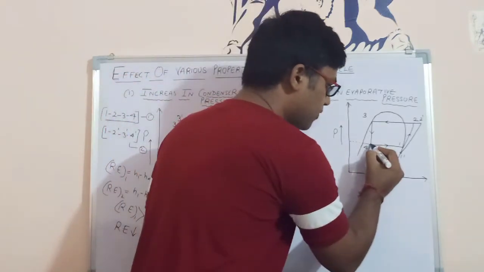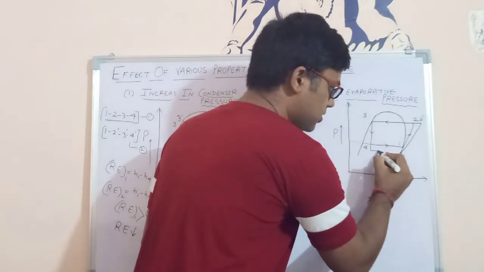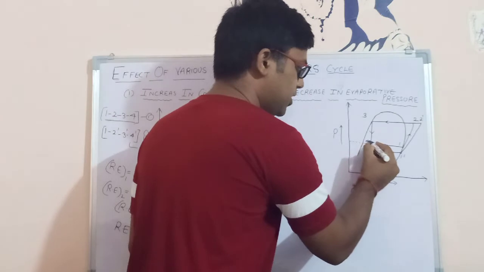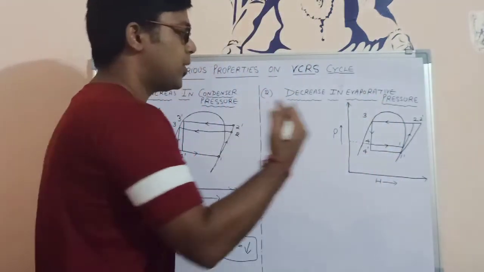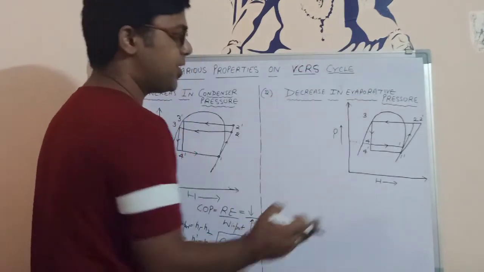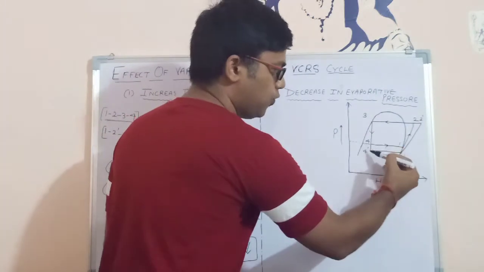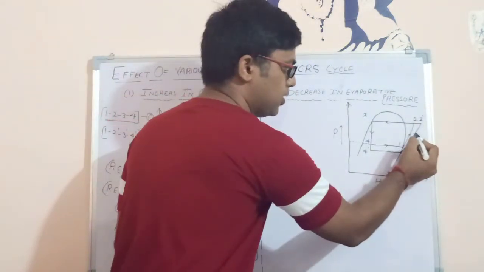But if we talk about the 4, this is my first point, this is how it will end. So we can say this is 4 initially, now this is 4 dash. Clear? So what is happening is if I lower that evaporative pressure, point 1 shifts from 1 to 1 dash, 4 to 4 dash, then 2 to 2 dash. Clear? So it will be like this only.